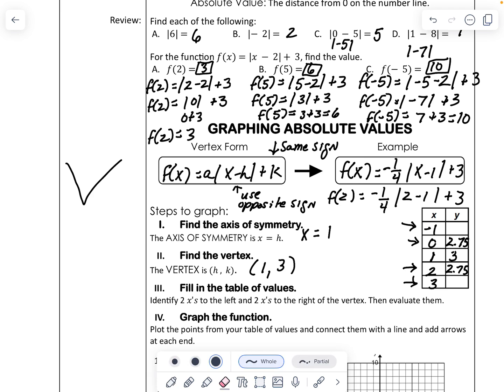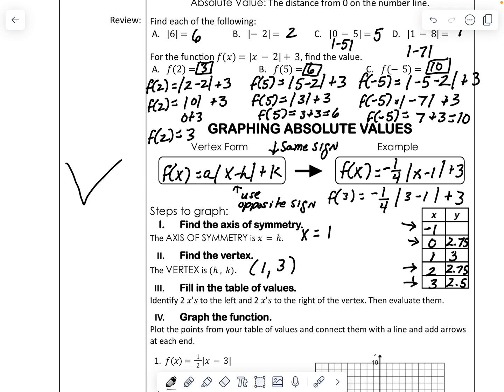All right, great. So instead of 2, now let's do our 3. All right, so 3 minus 1 is 2, absolute value, times -1/4 plus 3, and you're going to end up with 2.5, okay?